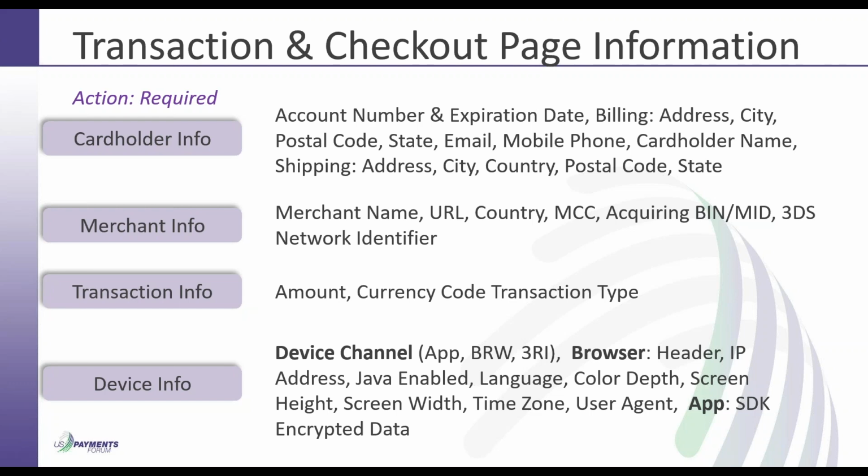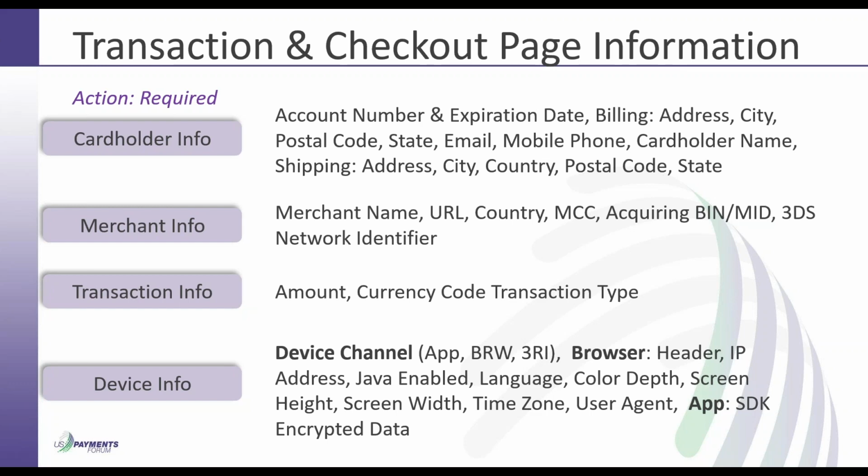The next category is merchant information. There's some basic information that needs to be passed to the issuer, just to let the issuer know who's making this request. So they'll get the merchant name, the merchant URL, the country it's being initiated from, the merchant category code, the acquiring BIN and the acquiring MID, as well as some new identifiers to identify not only the merchant, but maybe what provider they're also using.